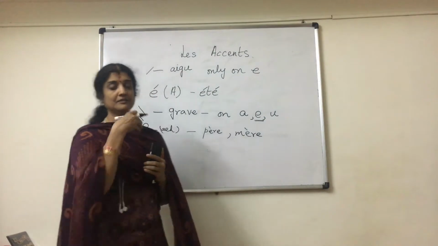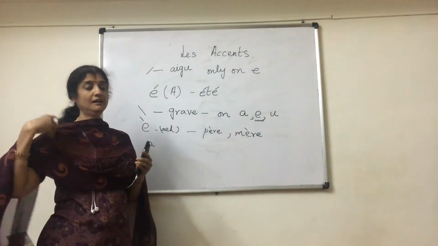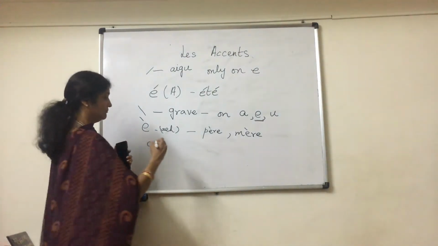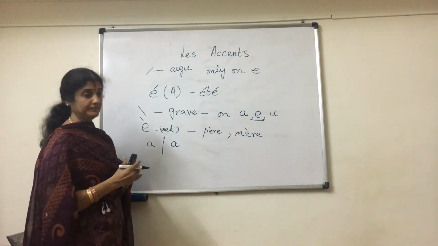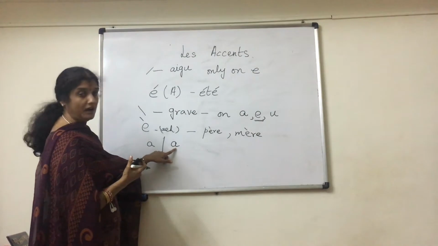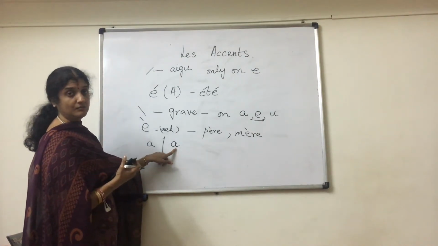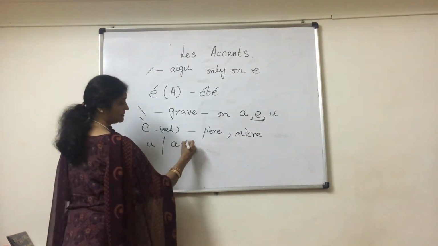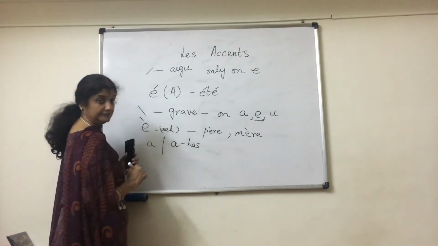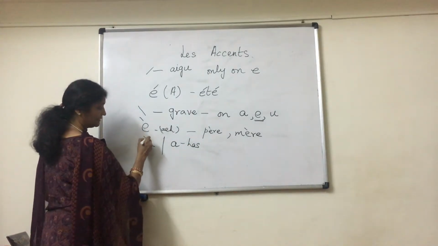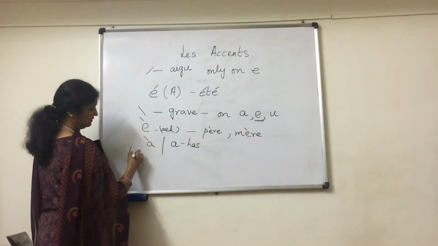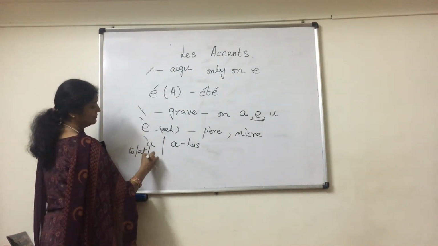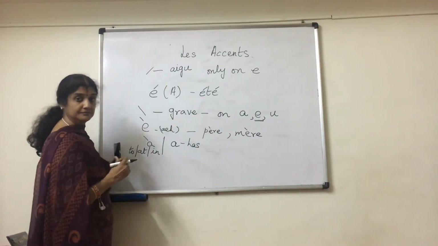So similarly, in French, you have certain words which are homophones or homonyms. So when I write a, it indicates the verb has. But when I write a accent grave, it means the preposition to, at, or in.